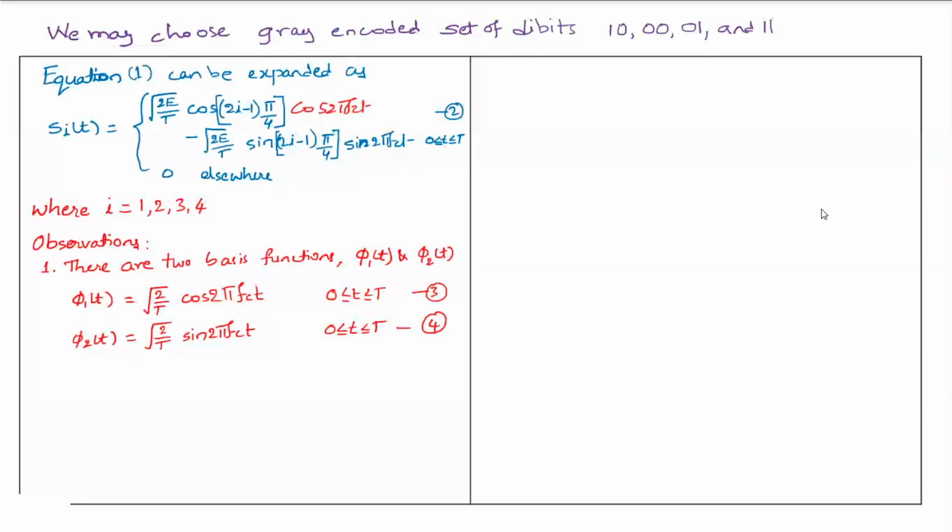Hello? Yes, sir. Tell me. Now you should be in a position to tell me, if you have understood the doubt that you had, which I cleared. What is the reason for phi 1 of t to be square root of 2 by T cos 2 pi fct, and phi 2 of t to be square root of 2 by T sin 2 pi fct? Getting or not? Hello?